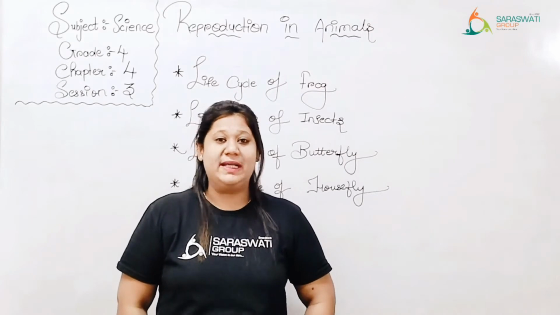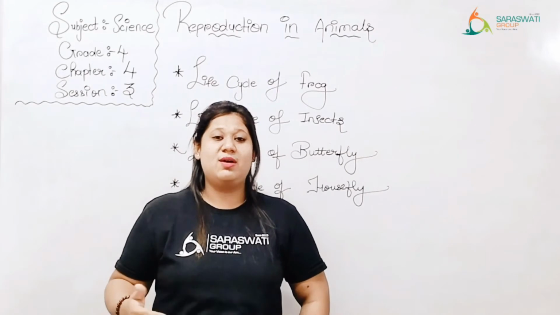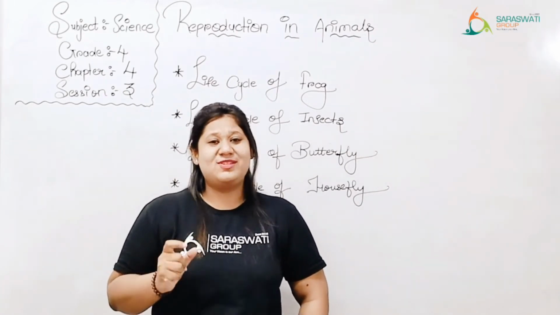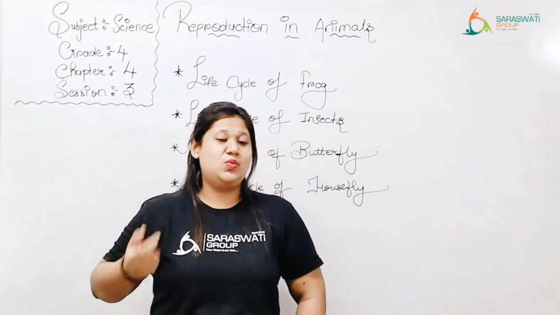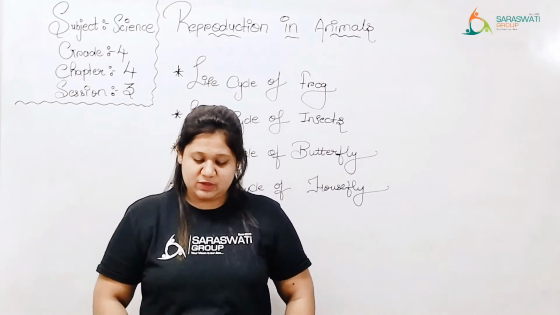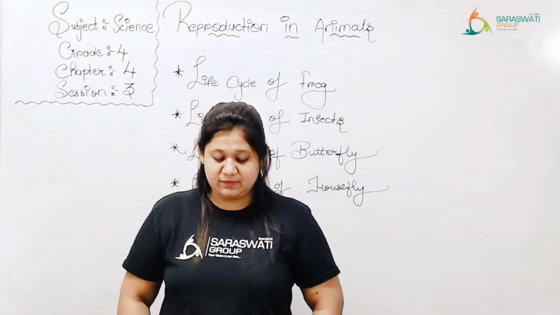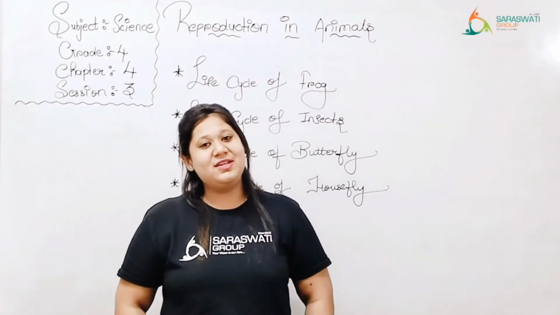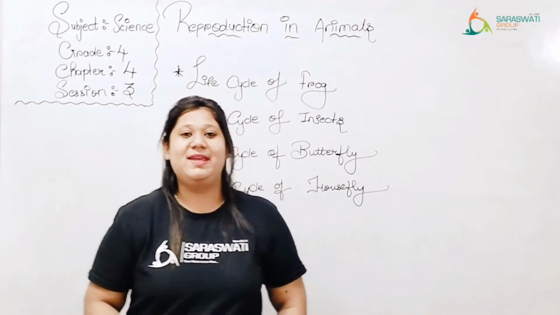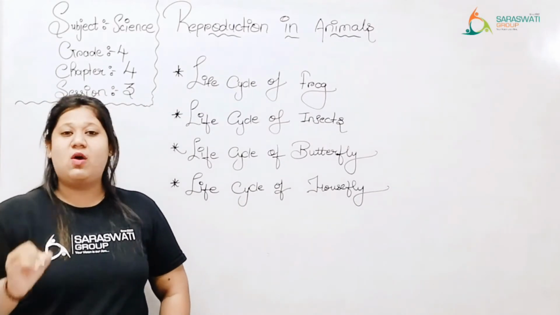When birds are fully developed inside the egg, they slowly try to come out, the egg breaks and the baby bird comes out. That process is called hatching, right? The parent birds feed their babies till they are strong enough to look after themselves. Clear? This is the revision of session number 2. Now let's begin today's session about life cycle. First, life cycle of frog.